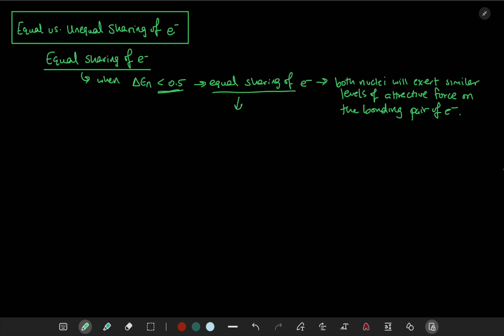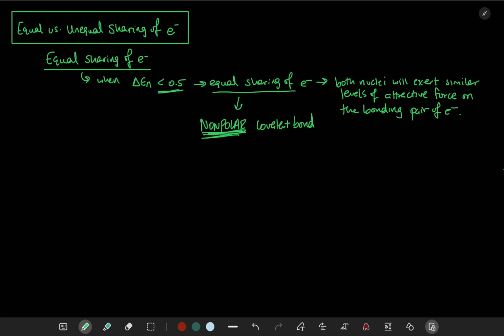Equal sharing of electrons results in what's called a nonpolar covalent bond. Okay, so it's nonpolar. If there's equal sharing, which results from a delta electronegativity of less than 0.5, you'll have what's called a nonpolar covalent bond.